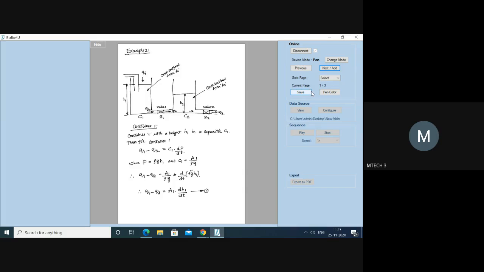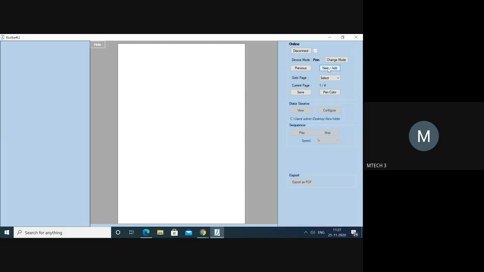Which valve? Valve R1. Thus, for the resistor R1, P1 minus P2 is equal to, what is P1 minus P2?